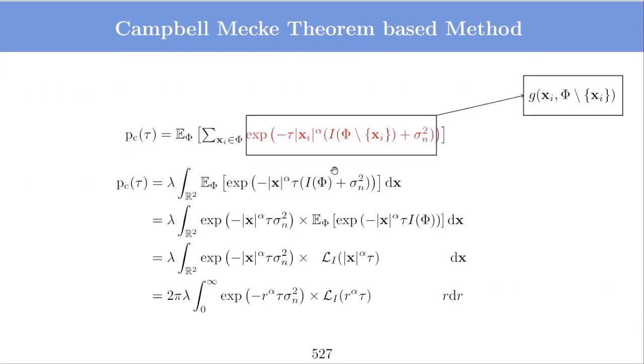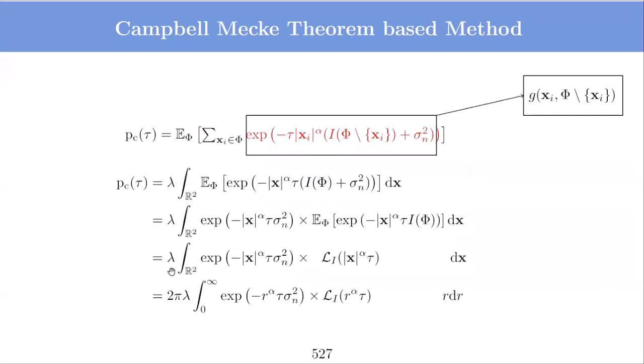Note that this is I phi, which is the interference from all base stations. There is no conditioning now, so this phi is a complete point process. I phi is the interference from all points; we are not excluding any point from the point process now. So this is easier to compute because there is no conditioning on I. There is no exclusion region here.